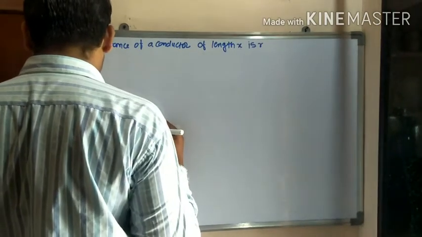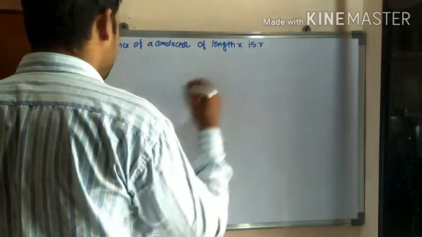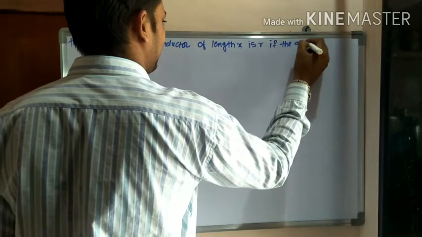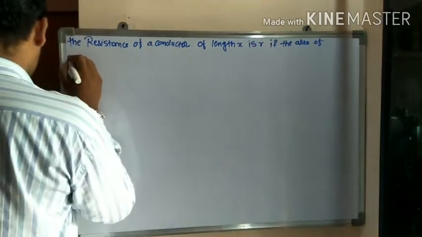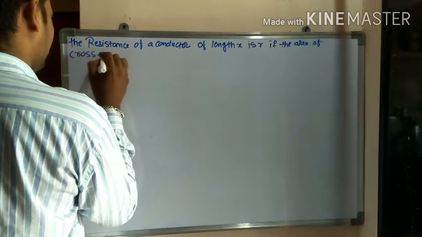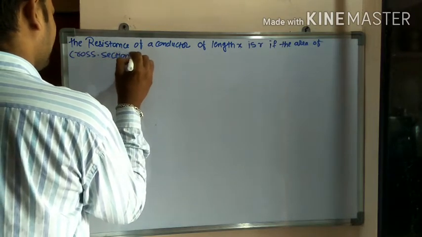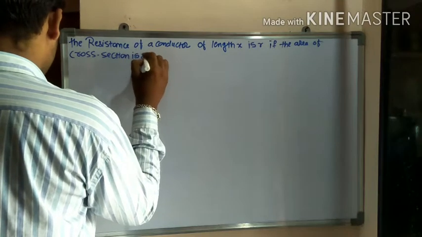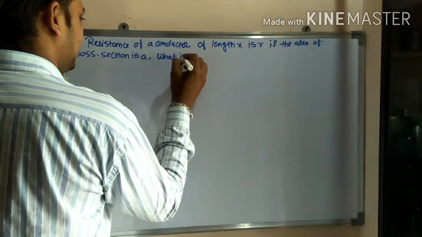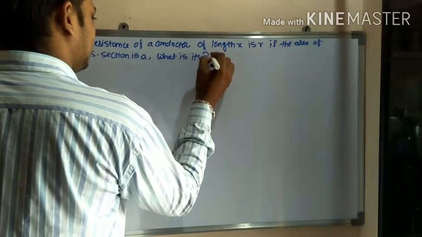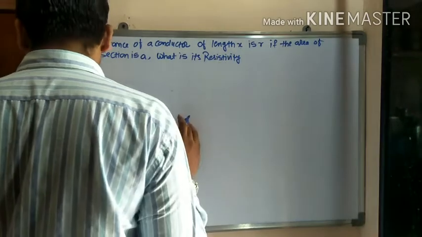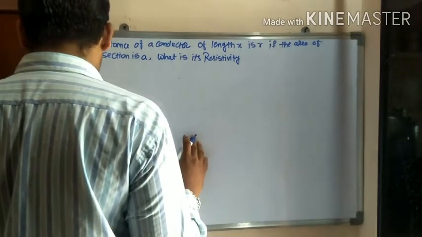If the area of cross section is A, what is its resistivity? What is its unit?